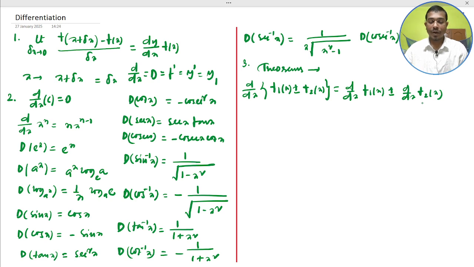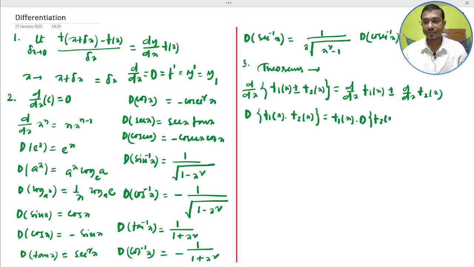Derivative of product of two functions. D of f1(x), one function, and another f2(x). First function as it is f1(x), second function derivative D of f2(x), plus f2(x) as it is, derivative of first function D of f1(x).